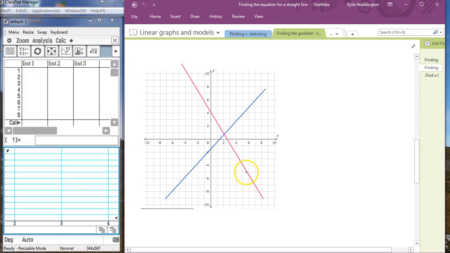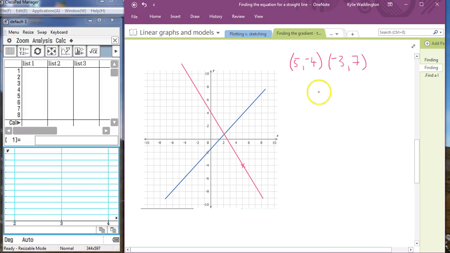None of them are particularly easy, so I'm going to go with this one here as being 1 point, so that will be 5, negative 4, and I might do this one here, 7, negative 3, so negative 3 and 7.